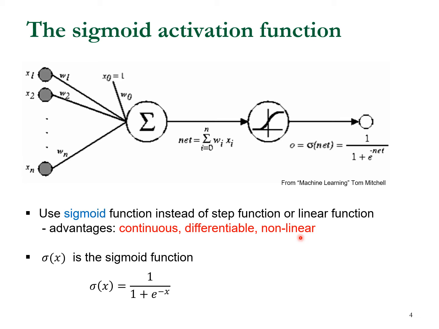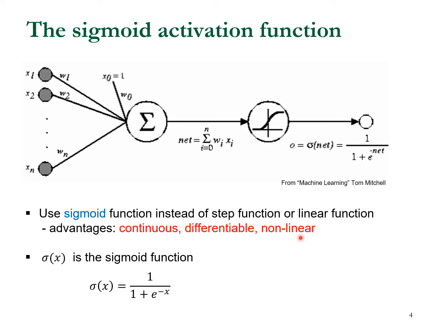As I said in the previous slide, using a nonlinear activation function is very important, because if you use a linear activation function in a multi-layer network, then no matter how many hidden layers you have, the entire network is still a linear classifier.